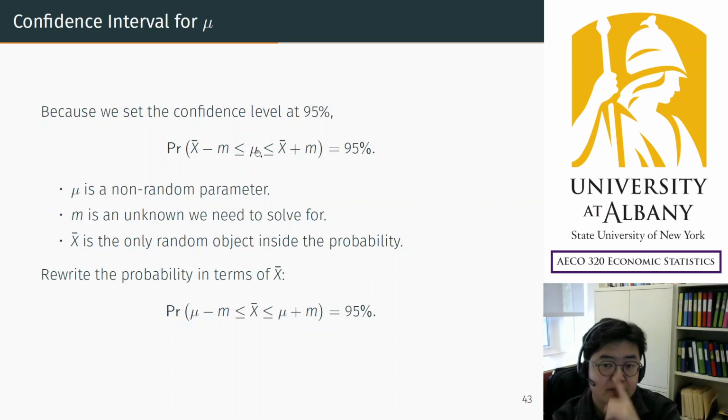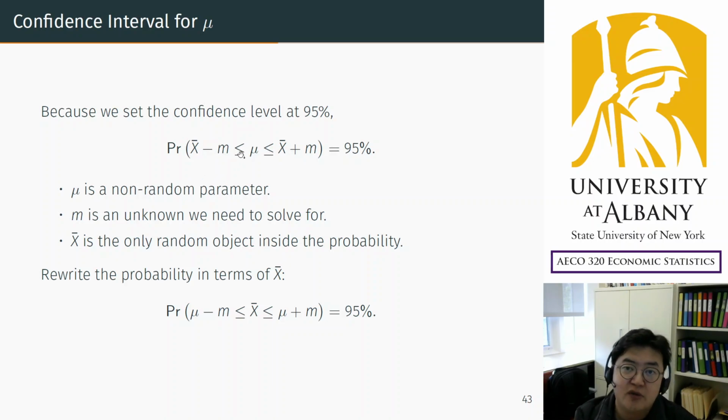Think about this. Mu is the population parameter, which is unknown. We are guessing about this, so we cannot utilize it. And x bar is a random variable, so probability is associated with this random variable. And we know x bar is approximately normally distributed from the central limit theorem, right?